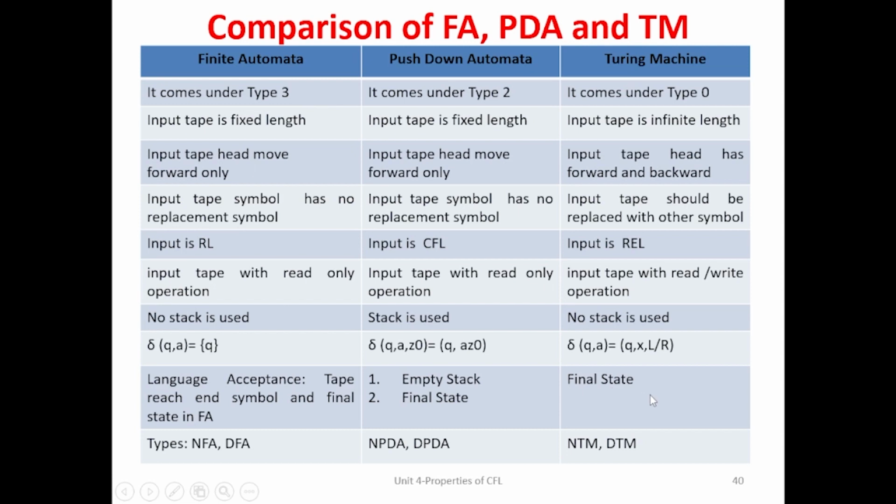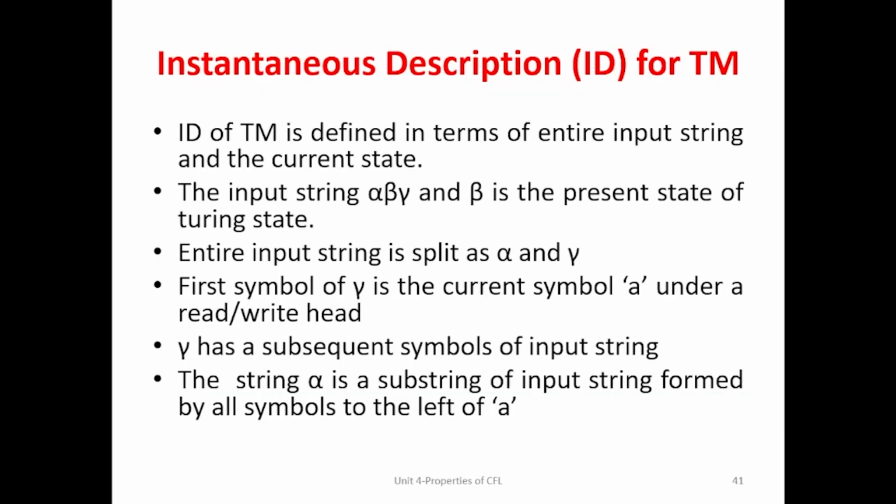And the Turing machine only comes to the end when replacing all the tape symbols with other replacement symbols, then it will go to the final accept state. And the types of FA are NFA and DFA, types of PDA are NPDA and DPDA, and types of Turing machines are deterministic and non-deterministic Turing machine. So this is an overview of these three models of mathematical notation.